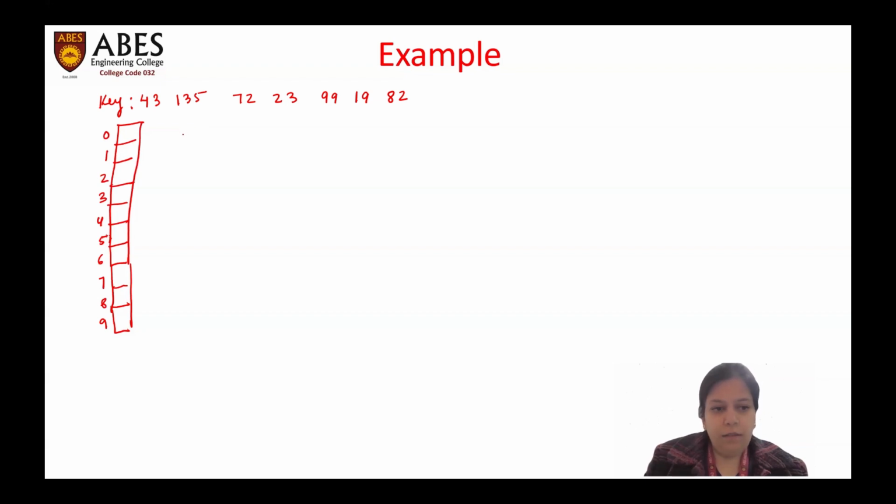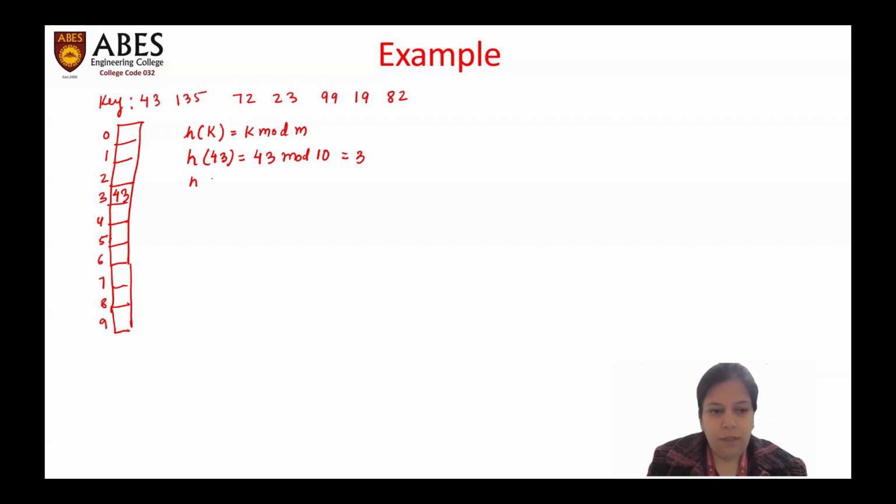Suppose we are mapping these key values with the help of the division method. So in this case, h(k) will be represented by k mod m. Suppose now we have to map the first key, which is 43. This will be mapped by dividing 43 by the table size, which is 10. And here we will get the value 3. So 43 will be stored at index 3.